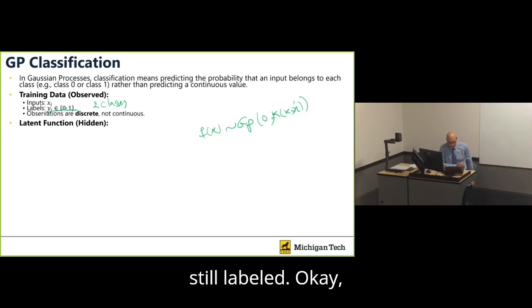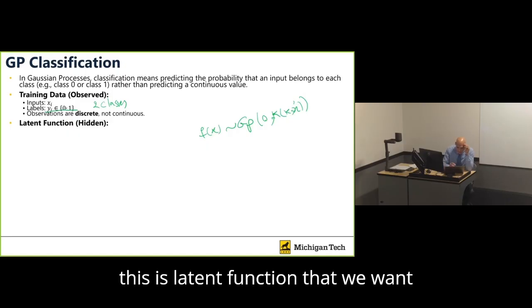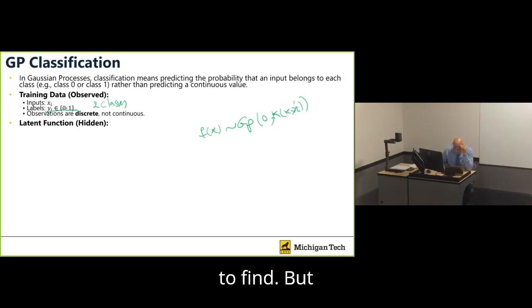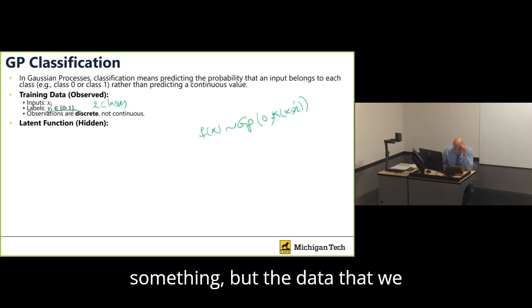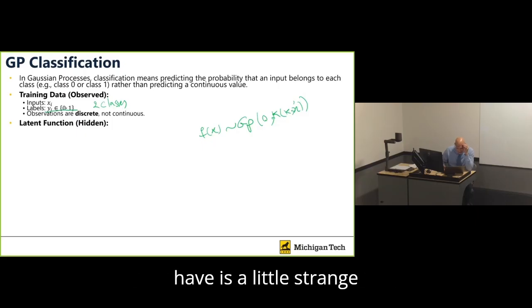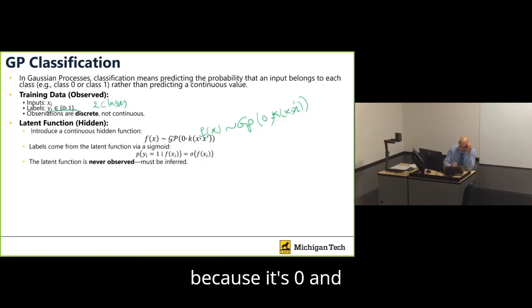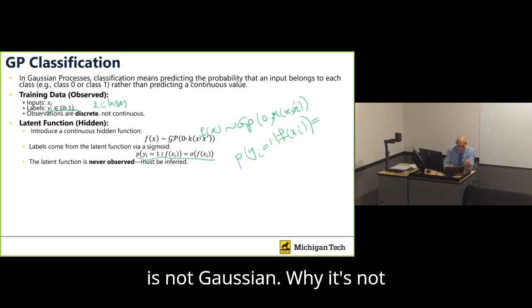They are still labeled. Okay, anyway, this is the latent function that we want to find. But the data that we have is a little strange because it's 0 and 1, based on the class. So the likelihood of some class, like class 1, given this f of x is not Gaussian.